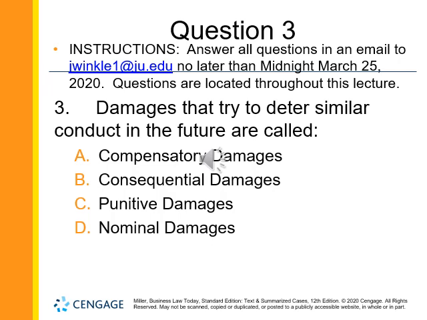Question number 3. Damages that try to deter similar conduct in the future are called A. Compensatory damages, B. Consequential damages, C. Punitive damages, or D. Nominal damages. Once again, please make sure that the number of the question is associated with the letter of your answer in the email that you will be returning to me.